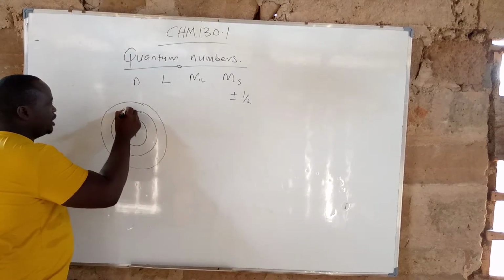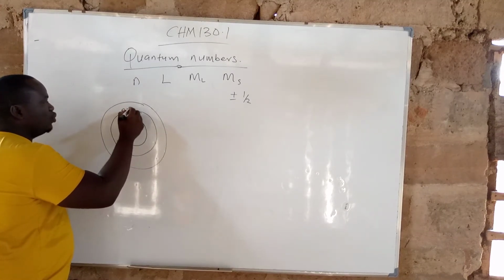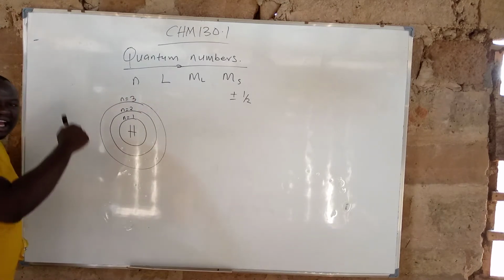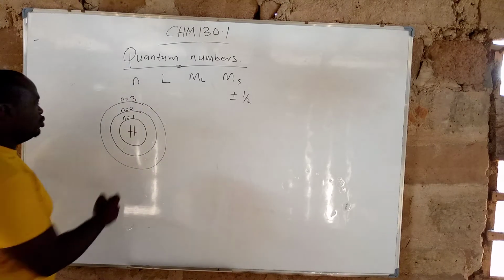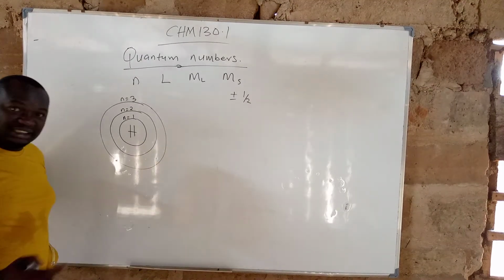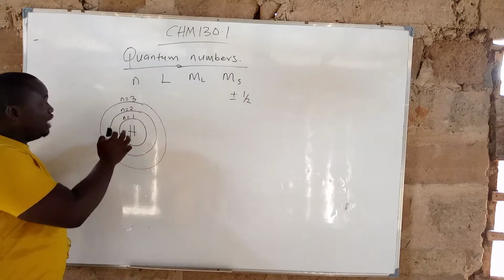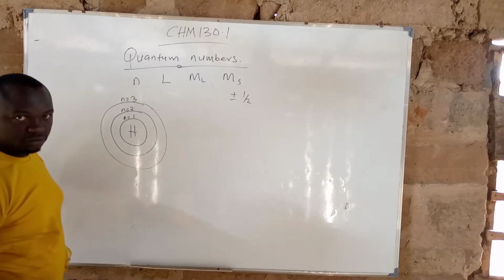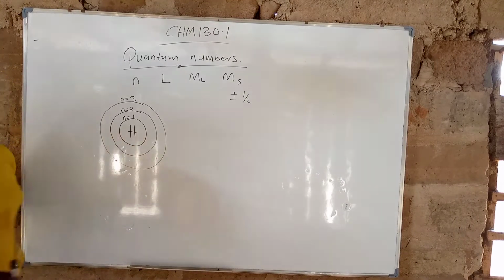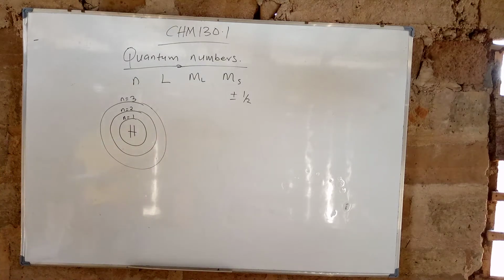This is the second shell, n equals 2. And this is the third shell, n equals 3. If I draw a diagram like this and ask you how many shells are inside this diagram, we have 3 shells. That means the principal quantum number there is 3.